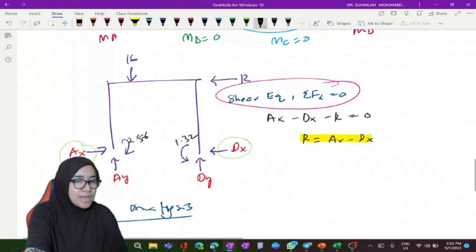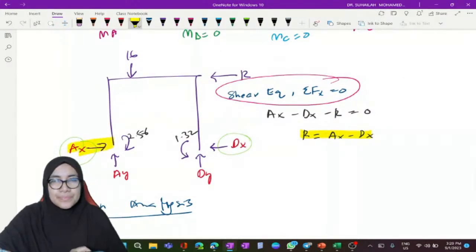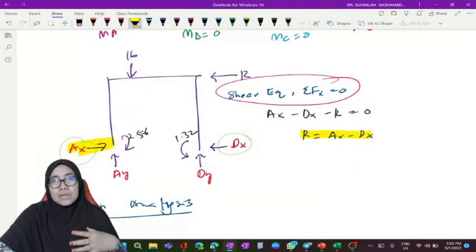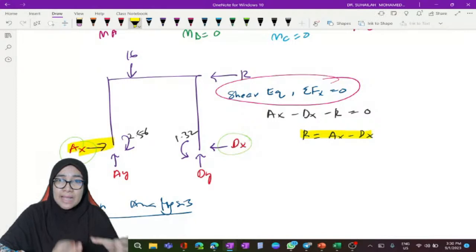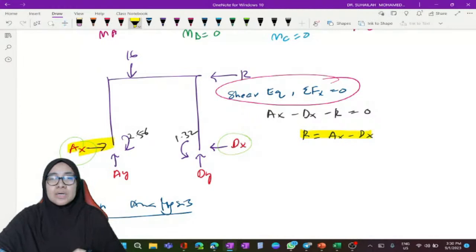And for A, we have to refer to this direction. We cannot simply do column analysis without a diagram. We have to have the diagram because the process when we analyze AX and DX will be based on the diagram. So have the diagram first and then you calculate the AX and DX.